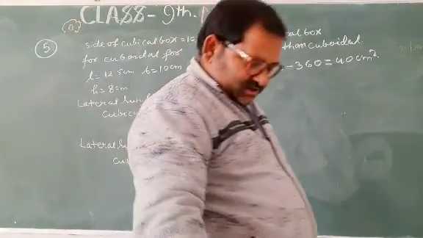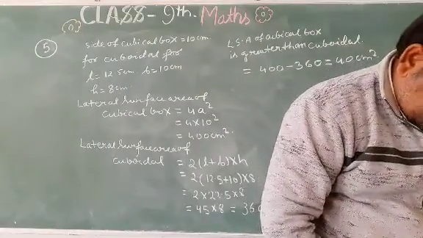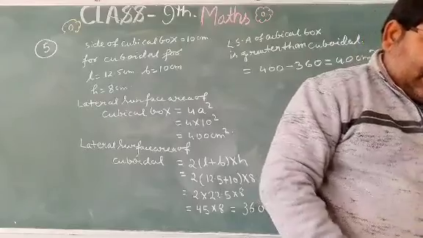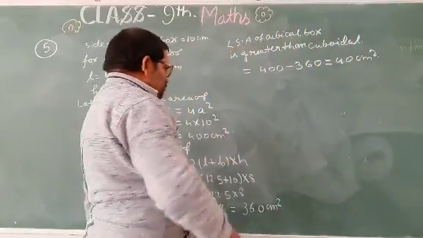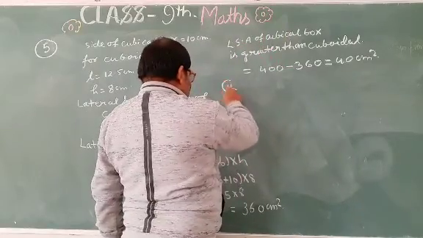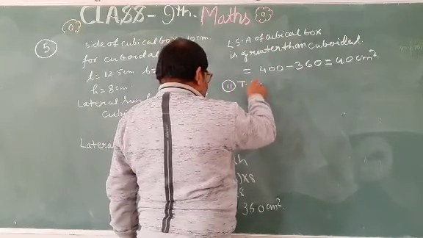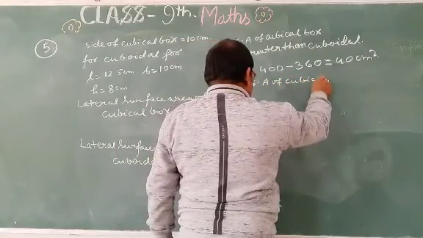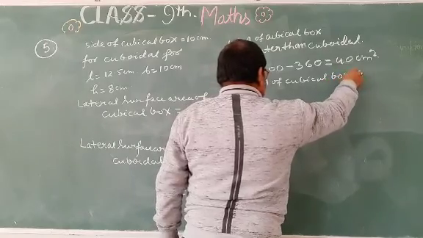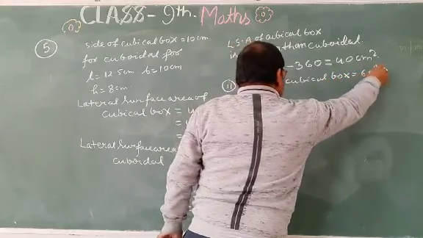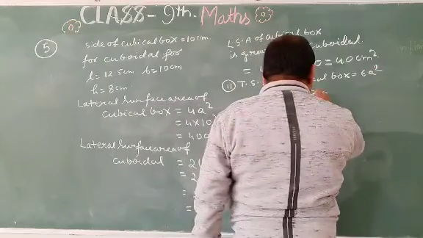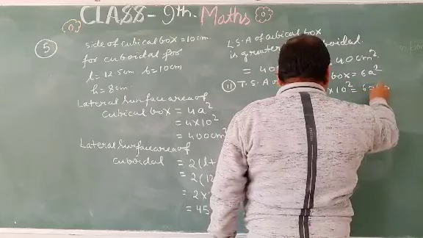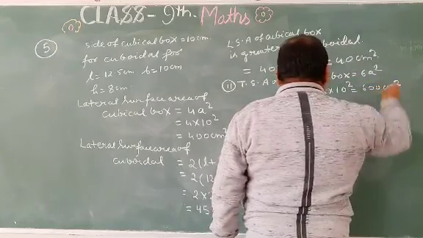Now second, the total surface area. Which box has the smaller total surface area and how much? Second, total surface area of the cubical box is 6a square, equal to 6 into 10 square, 600 centimeter square.